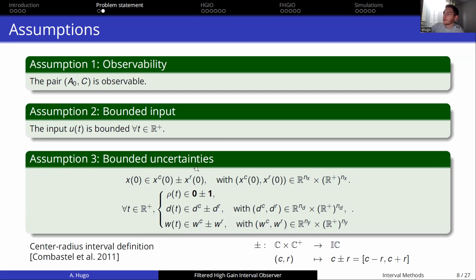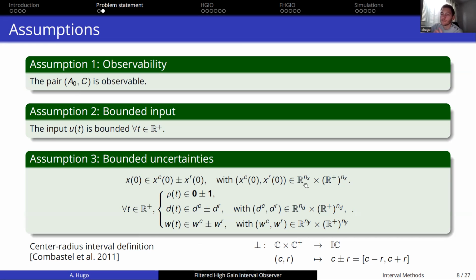Note that in this definition, we define the intervals in the center-radius form, which is equivalent to the upper and lower bounds that are commonly used in the design of interval observers in the literature. So these are the three main assumptions that are required.